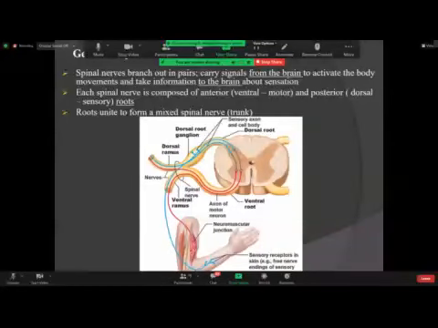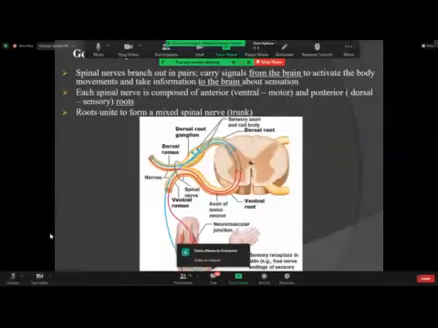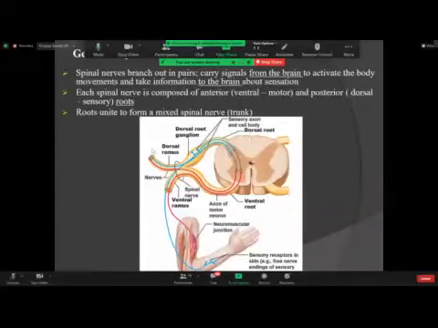Each spinal nerve is composed of an anterior, okay, which is also the ventral segment, and a posterior segment. So this is the anterior or the ventral region, and this is the posterior region, that is the dorsal region.